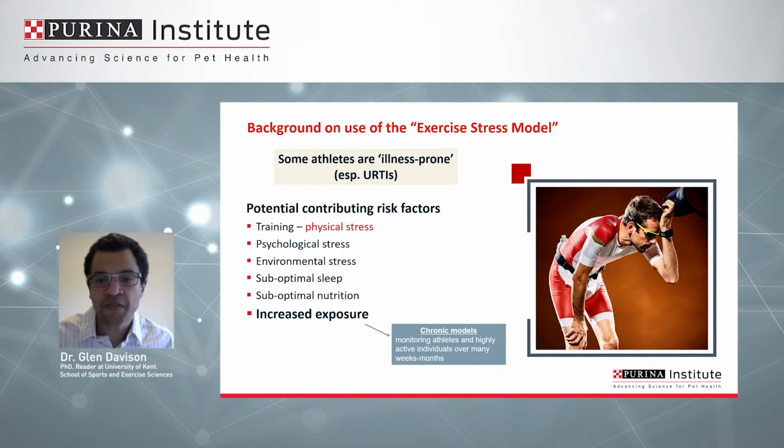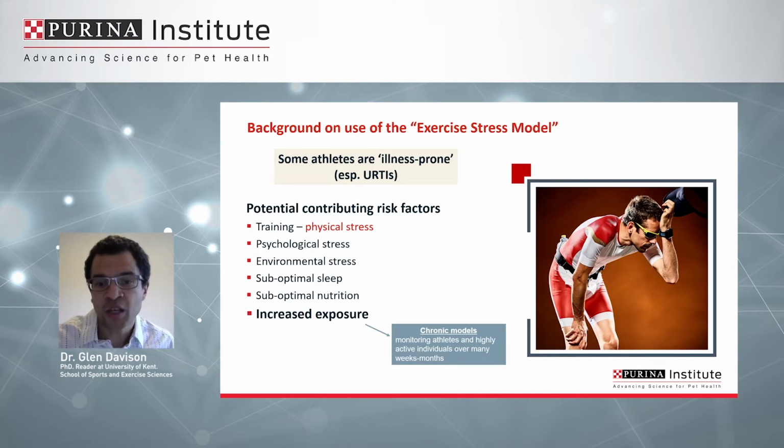And it's all of these factors that we're calling the contributing risk factors here, which contribute to this increased presentation of these illnesses. And monitoring these individuals long-term allows us to study the effects of various things and the effects of various interventions at potentially mediating these outcomes.